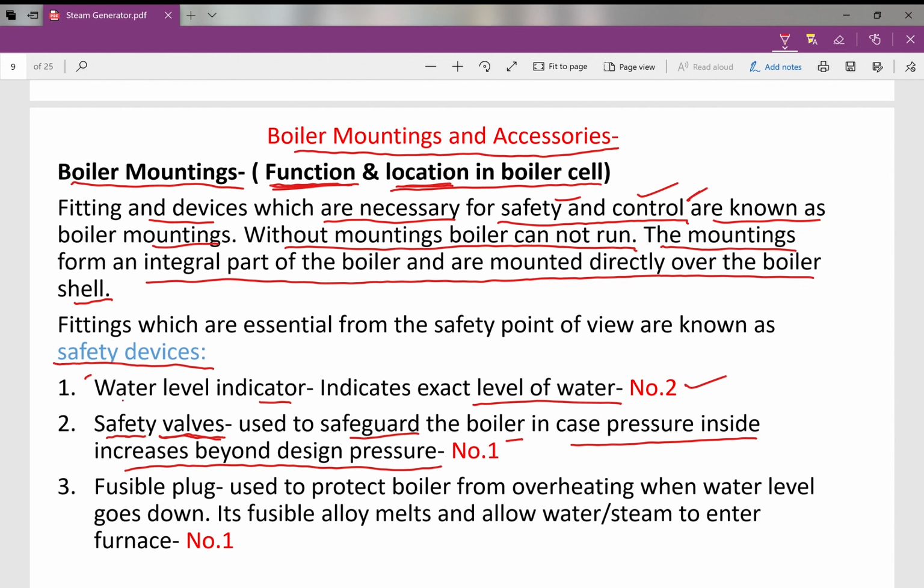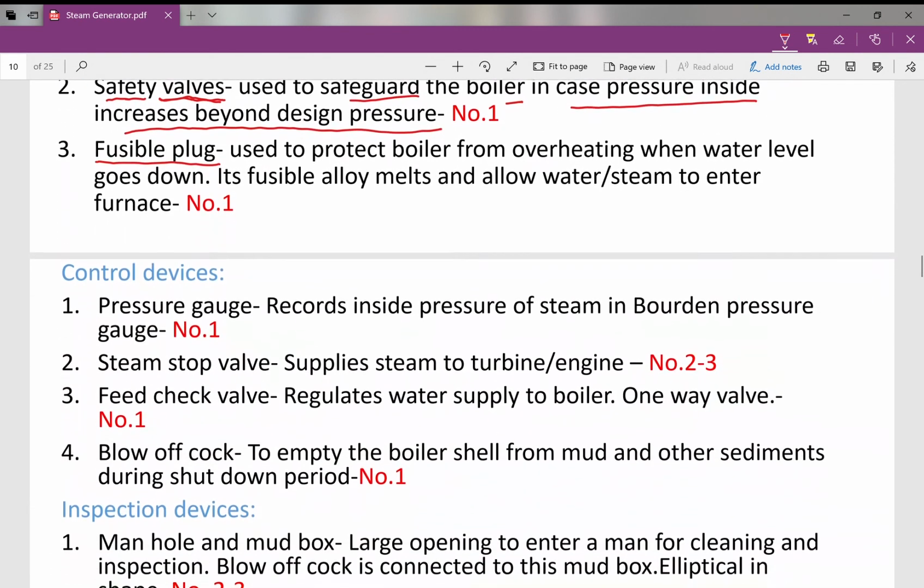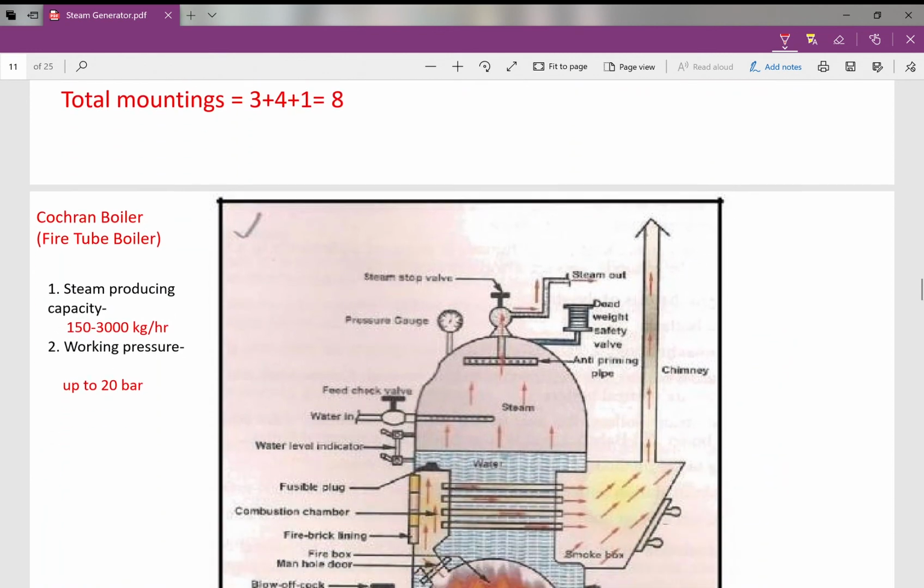The water level indicator is located between the middle level and the highest level. I will show the figure just now. Then the fusible plug. Let us go to the diagram first to get it clarified.